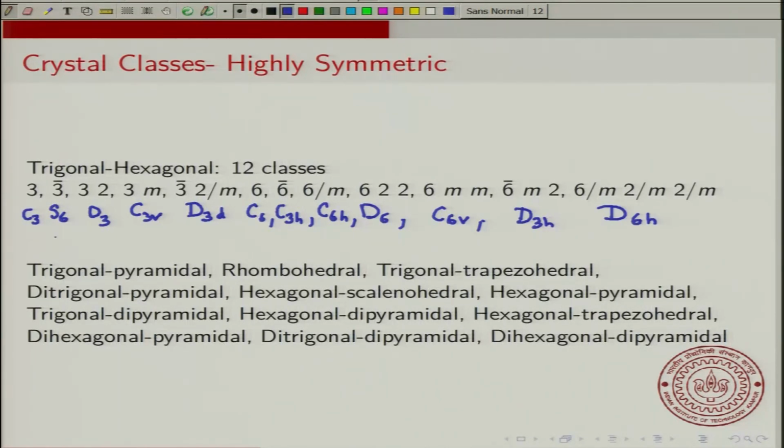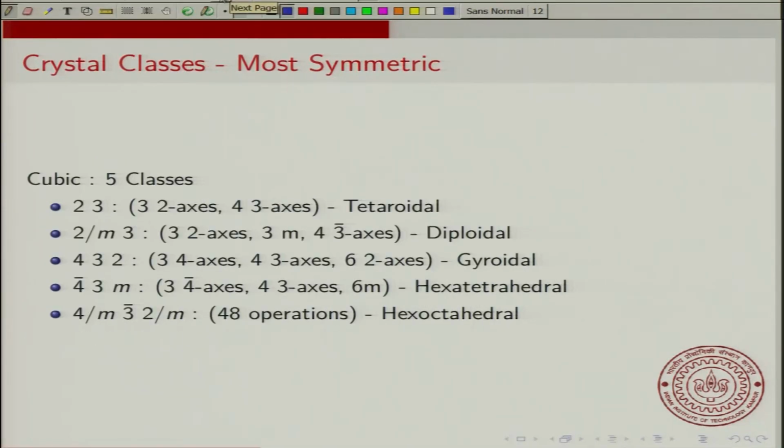So I won't expect you to know all the Schoenflies symbols, nor would I expect you to know all the names of these crystal classes. Other than the most symmetric or the least symmetric, I won't expect you to remember all these names. And let us complete it. So the cubic class is 23 in the Hermann-Mauguin notation.